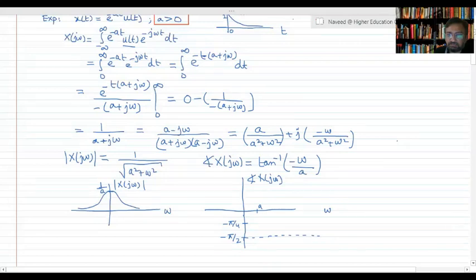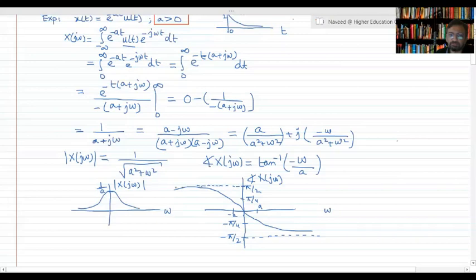Similarly, at omega equal to minus a, we get tan inverse plus 1, and tan inverse plus 1 is pi by 4. And for large negative values, again the function approaches pi by 2. So if we plot this phase function, it will look like this.